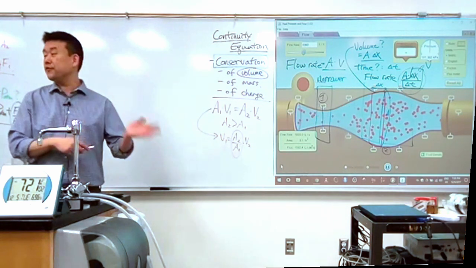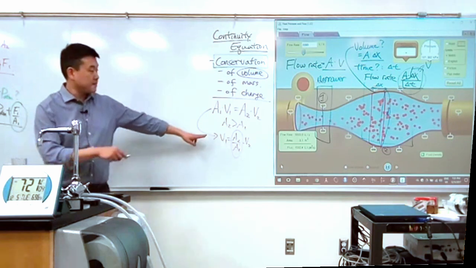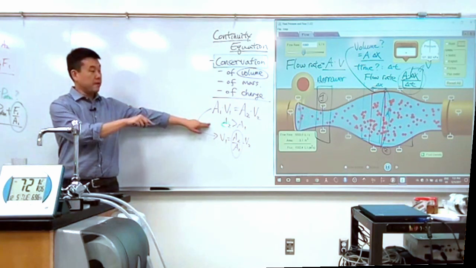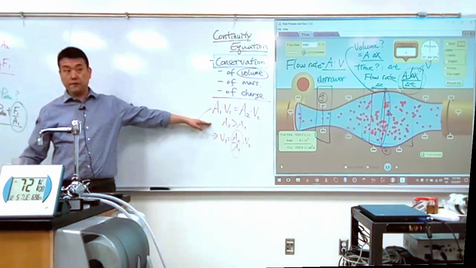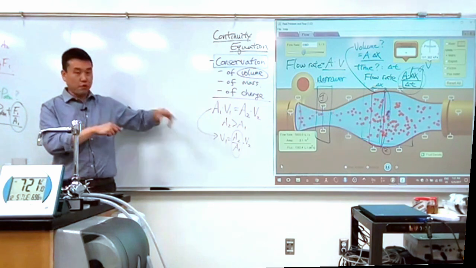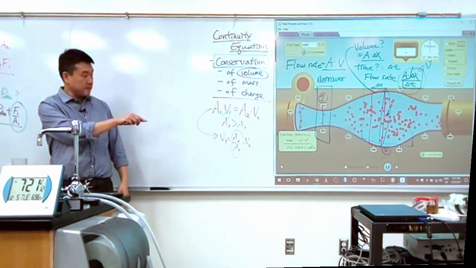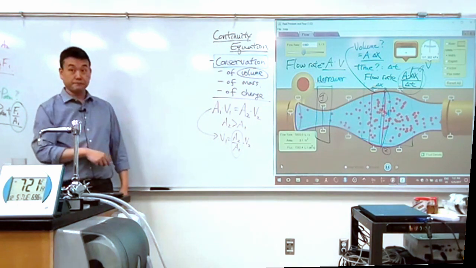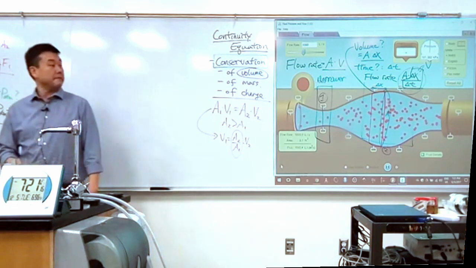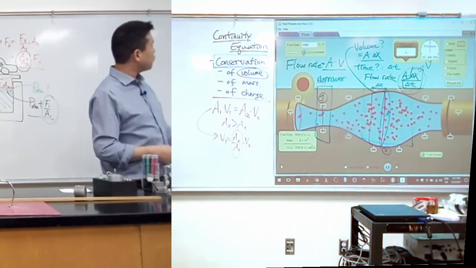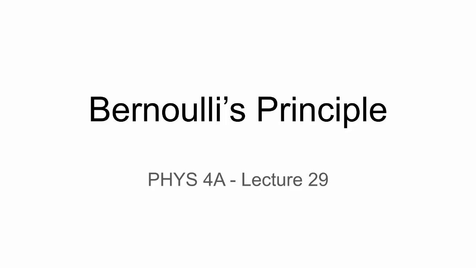So that's the next set of things for us to worry about. But at least this is a starting point. We can say that because the volume has to be conserved, no matter what else happens, at least this has to be true. Yeah? All right. So that's the continuity equation.